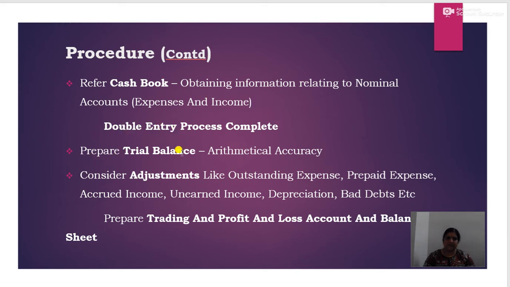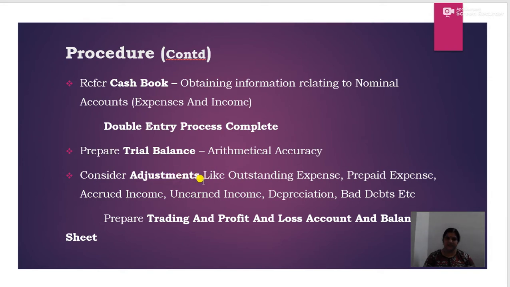Now you prepare the trial balance. On the basis of all this information, you can prepare the trial balance, and the trial balance is prepared for the purpose of checking the arithmetical accuracy. Now after preparing the trial balance, there will be various other information like adjustments.